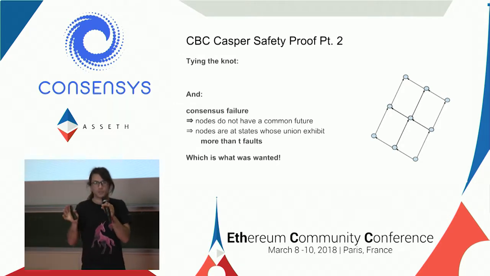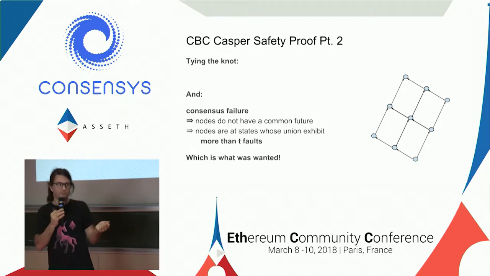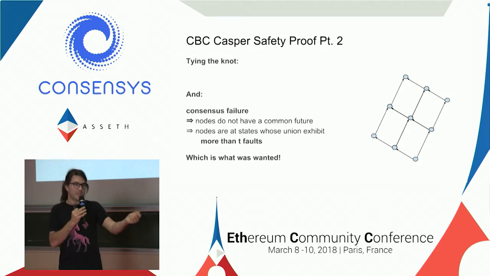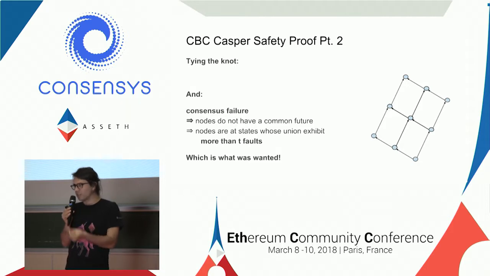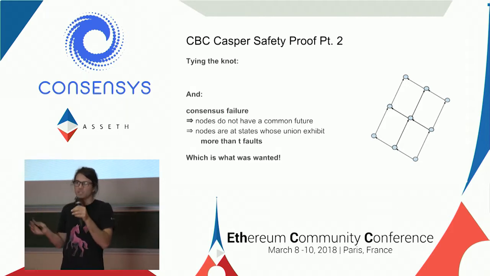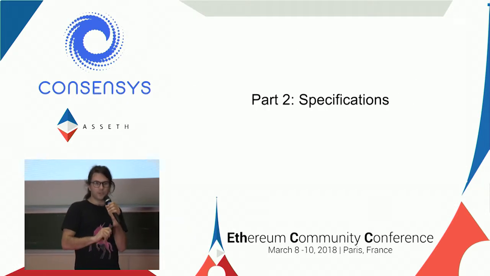Because the Byzantine faults were the fundamental thing that stops us from having common futures, they're also the fundamental thing that can keep us having futures. Because if we can detect them and know there's not too many, then we can always safely remerge. So that's the end of part one.